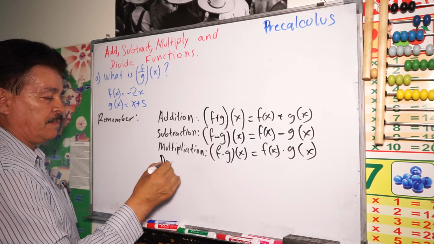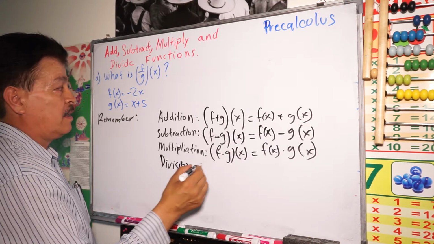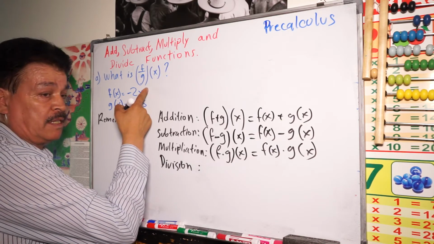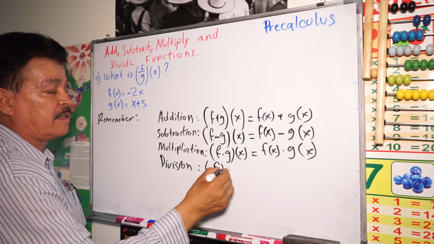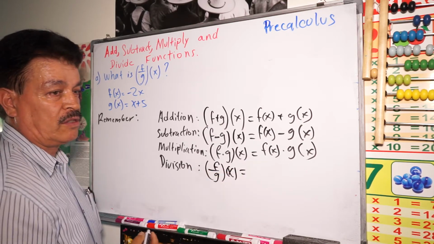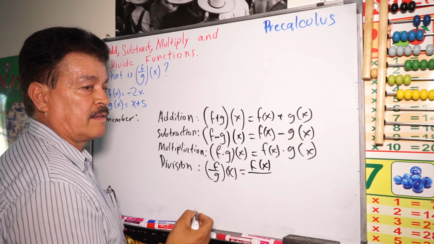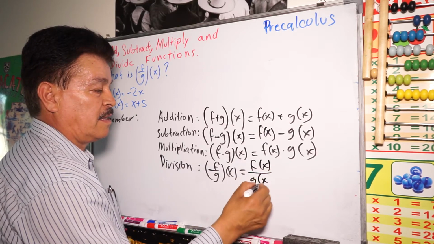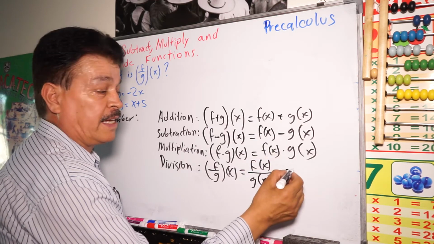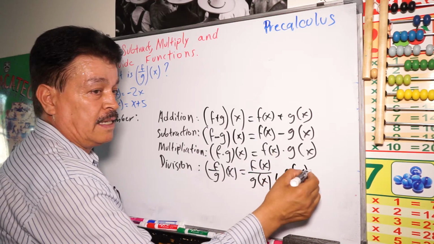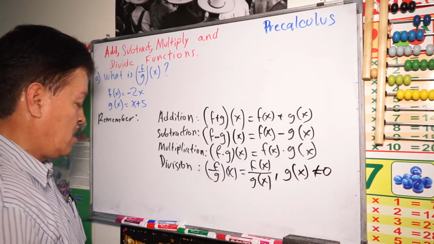Division, like this problem: (f divided by g)(x) is equal to f(x) divided by g(x), where g(x) must be different from 0.